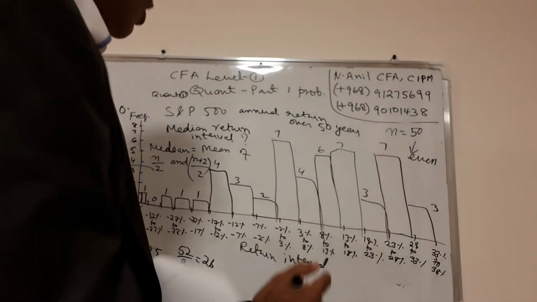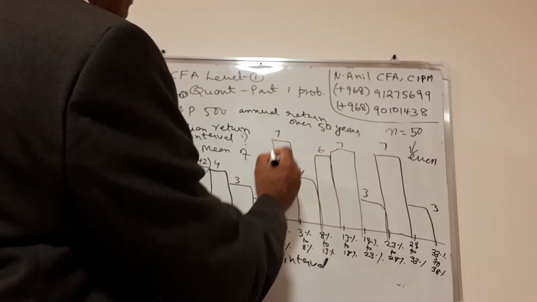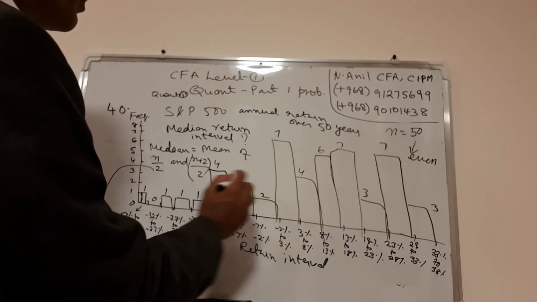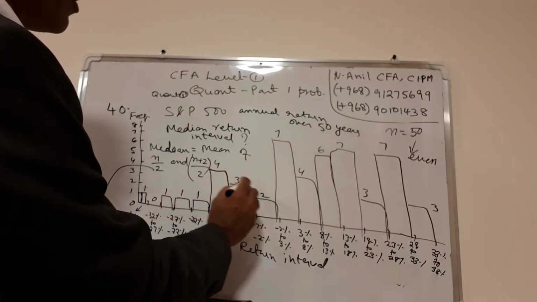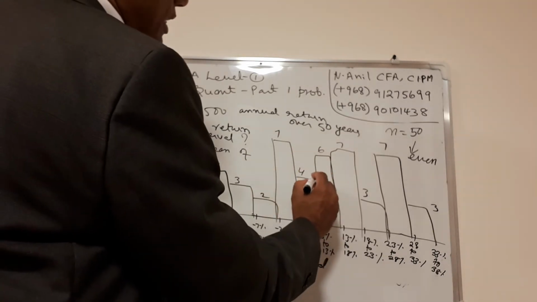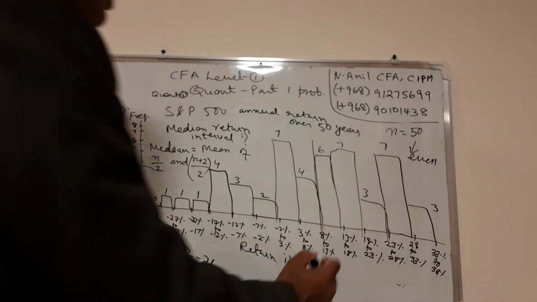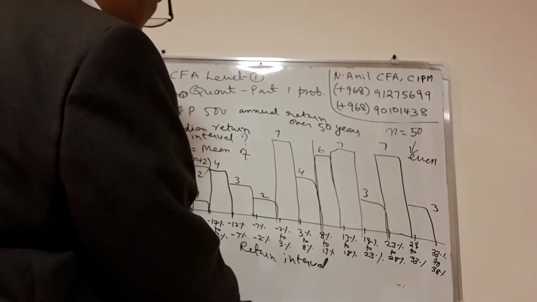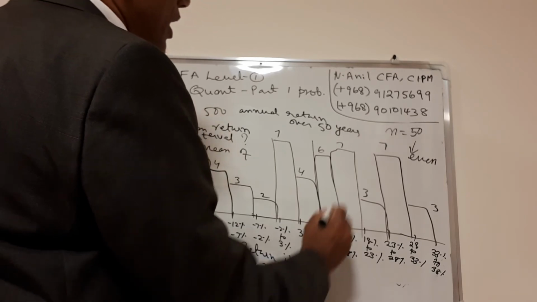Now, 25 and 26. The sum is coming till 24, so we have the 25 and 26 after that.